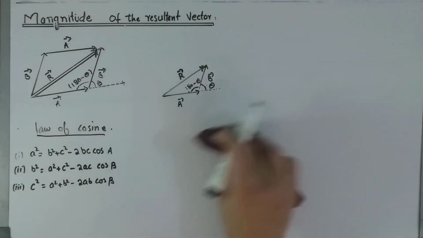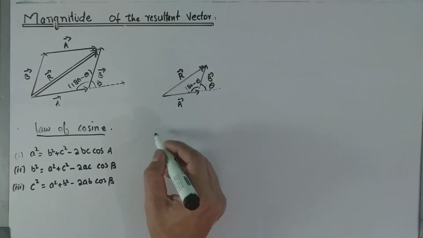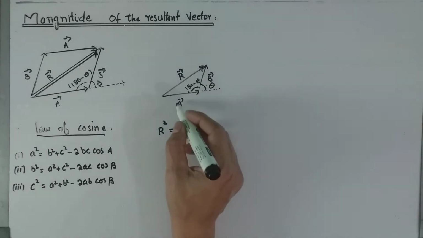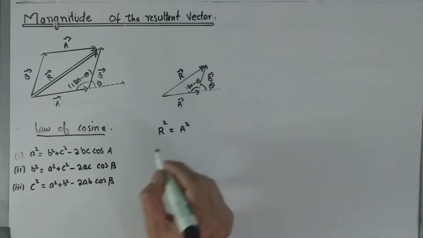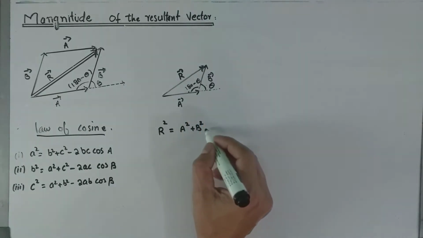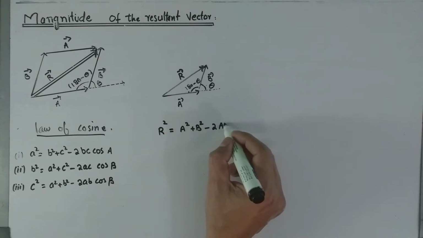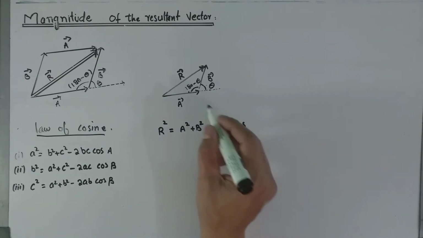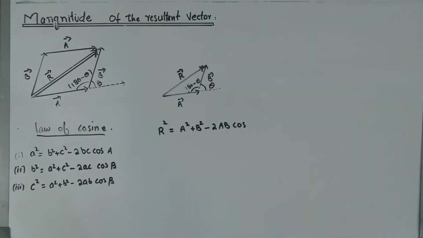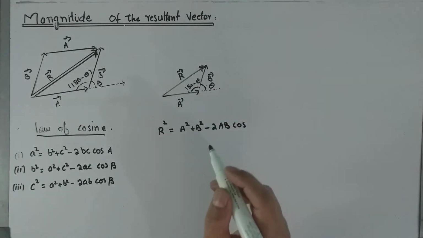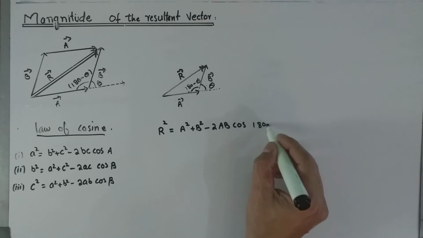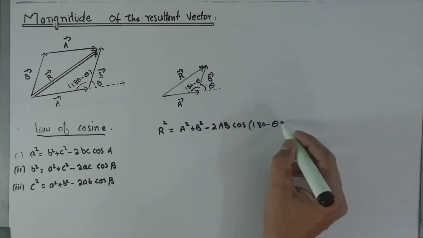For example, we need the magnitude of the resultant vector: R square is equal to A square plus B square minus 2AB cos of this angle, which is 180 minus theta. We have already done this one.